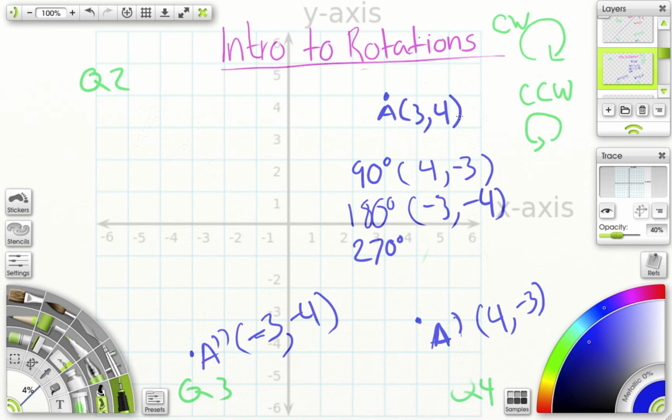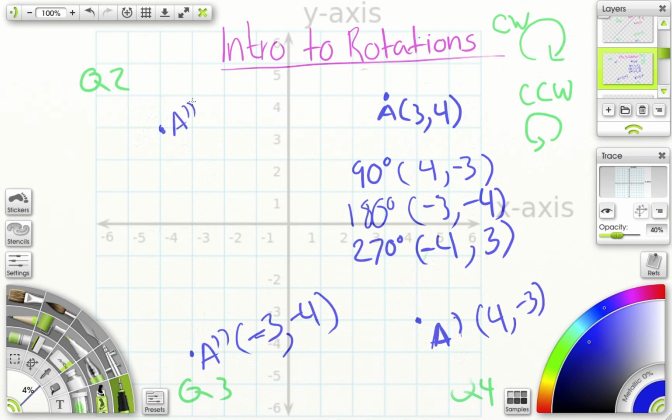So 3, 4 becomes 4, 3. That's the first step. What happens now is whatever my first digit is becomes the opposite integer. So in this case, it was positive originally, it's becoming a negative. Okay? And that's it. So it goes -4 up to -3.